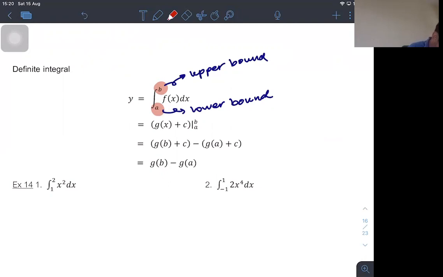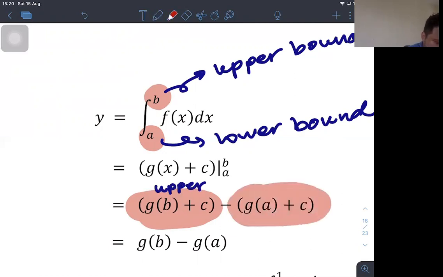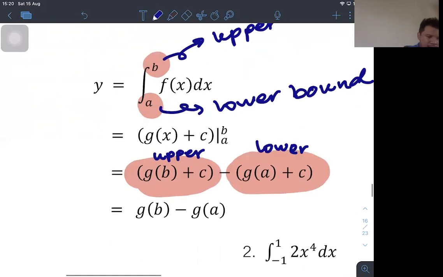For example, if I integrate f(x) and we have g(x) plus c, where c is the unknown constant, we then substitute the lower and upper bound into g(x). It is going to be the substitution of the upper bound, b, minus the substitution of the lower bound, and then we should get the final answer by g(b) minus g(a).